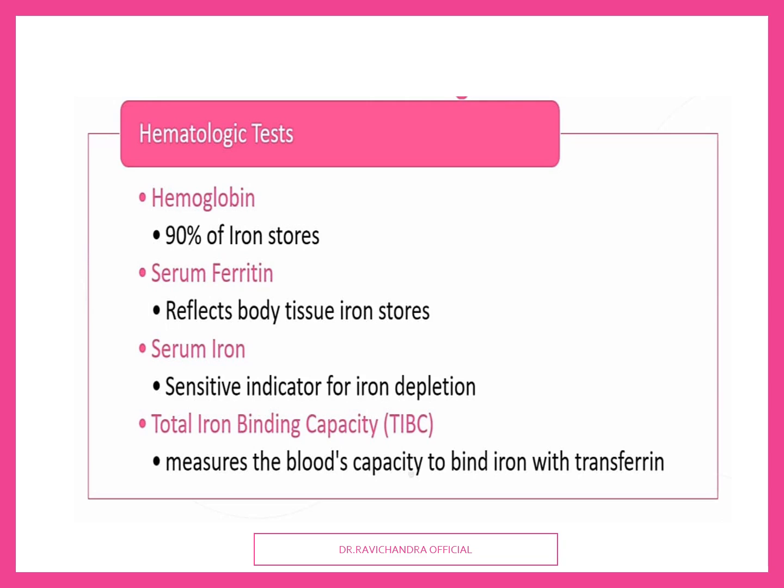Serum ferritin will reflect the body tissue iron stores. Serum iron is a sensitive indicator for iron depletion. And total iron binding capacity, TIBC, will measure the blood's capacity to bind iron with transferrin.